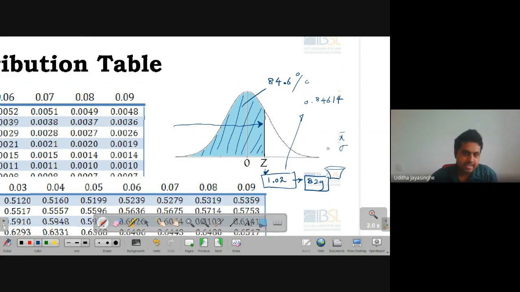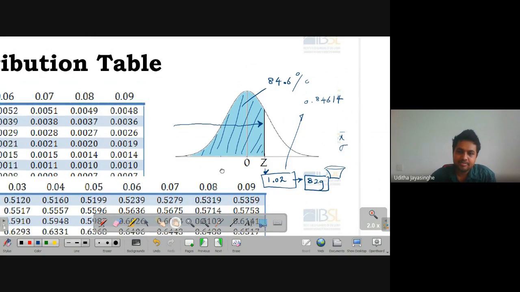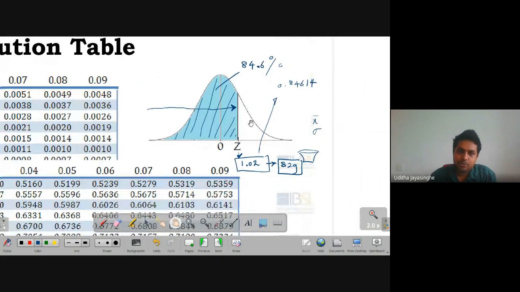You could say less than, or you could say less than or equal to; there's no hard and fast rule for that in this discussion. There's approximately an 84% chance that you're going to get a yogurt cup with a weight less than 82 grams.